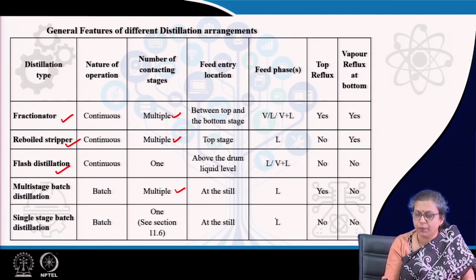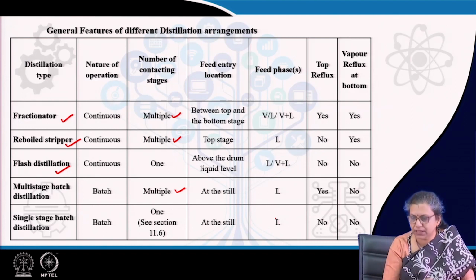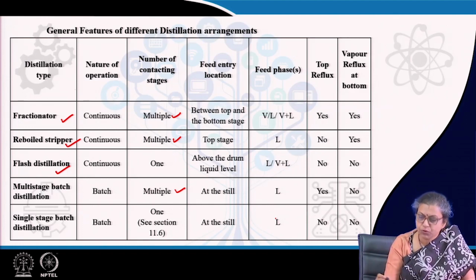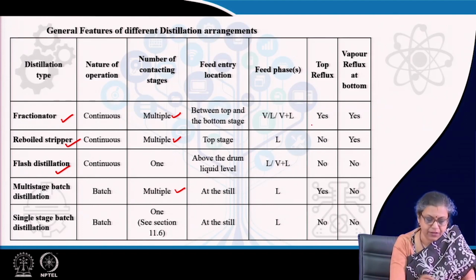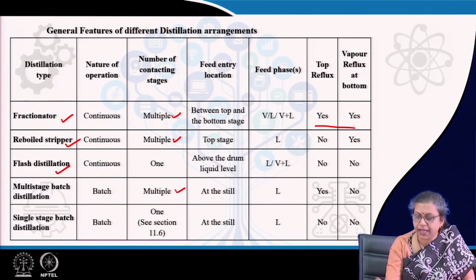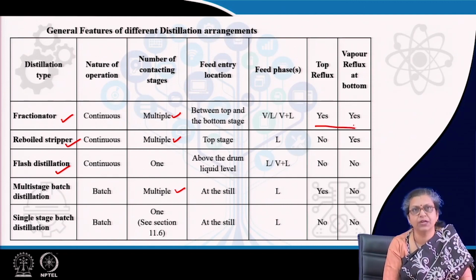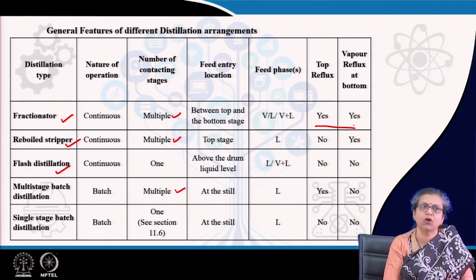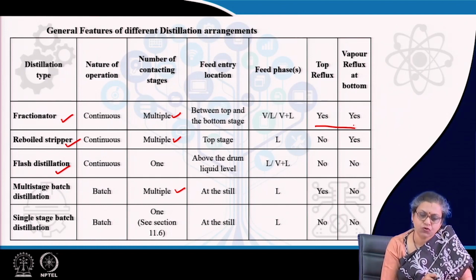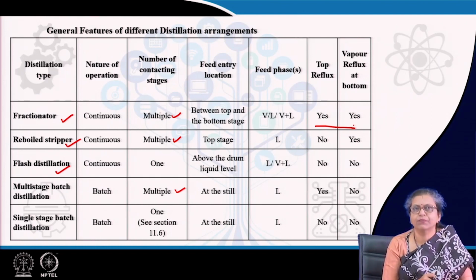We require a top reflux whenever we want an enrichment, and a vapor reflux for additional enrichment. Both these types of refluxes are there only in a fractionator, and naturally, therefore, in a fractionator we get the maximum amount of separation, and therefore, a fractionator is the most commonly used distillation column in industries.